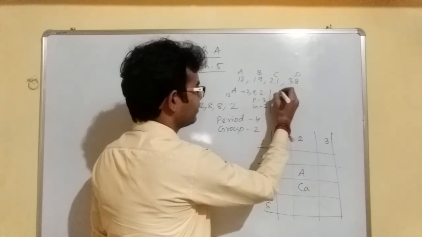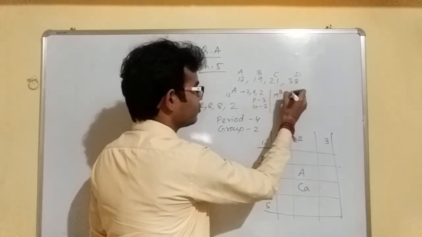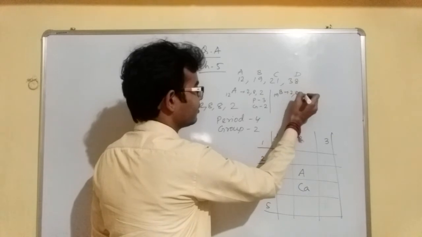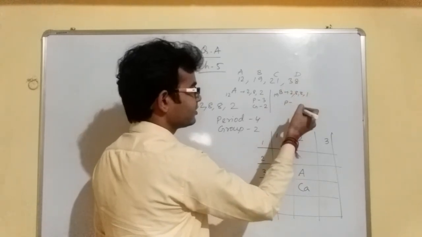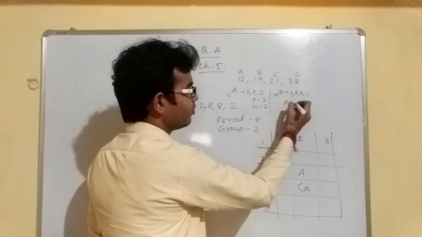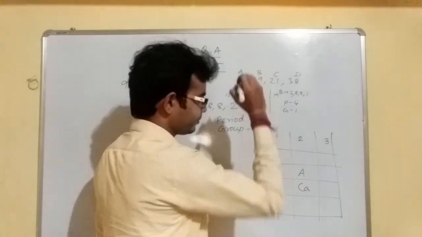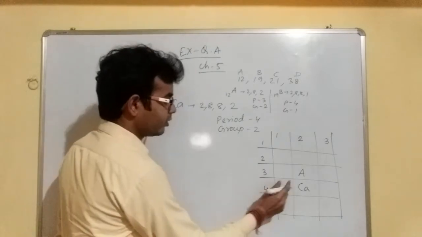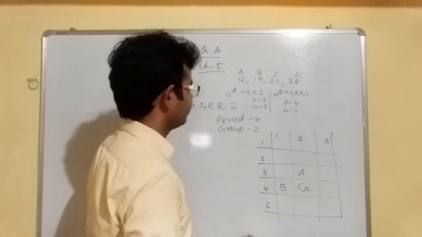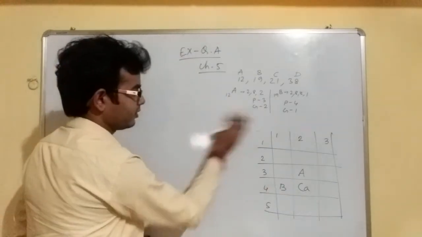Next B, atomic number 19, 2, 8, 8, 1. So its position is period 4 and group 1. Period 4 group 1 means this one.